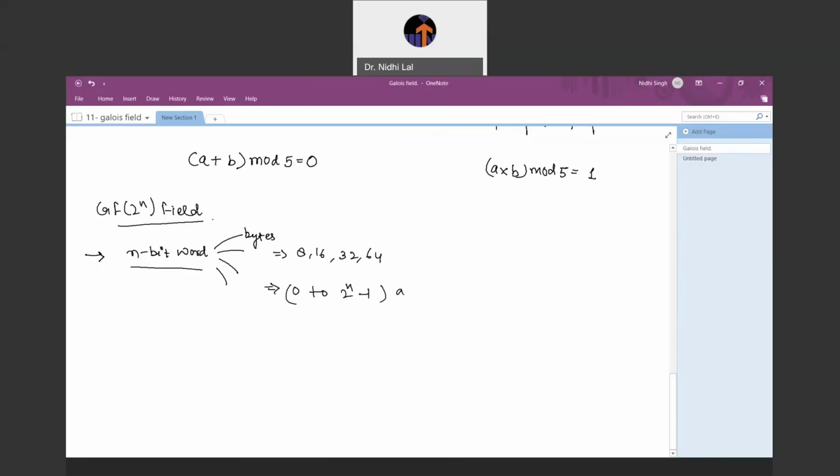And what will be the modulus? The modulus will be 2^n, right? So if we talk about 8, then the range is 0 to 7, and the modulus will be 8.